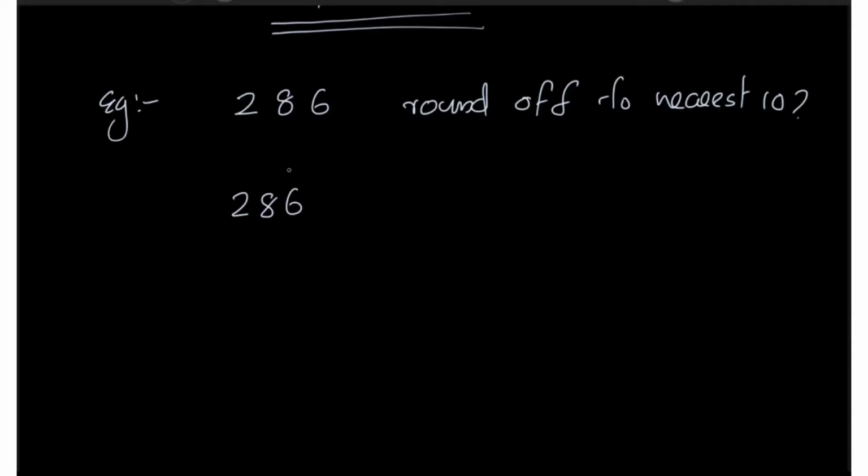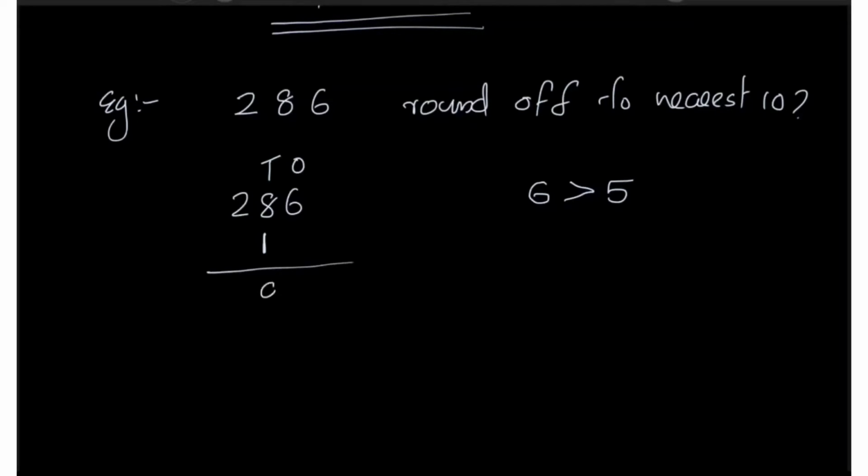Round off to nearest 10 means take this 8 and check the very next right place, that is the 1's place, and here it is 6, and it is greater than 5, so we have to add 1 to the place which is asked, that is the 10th place.